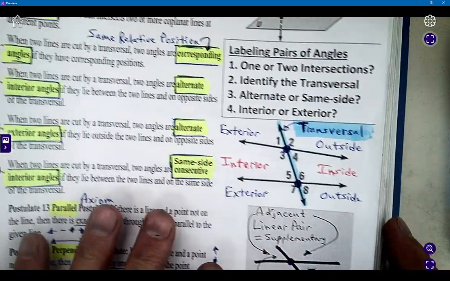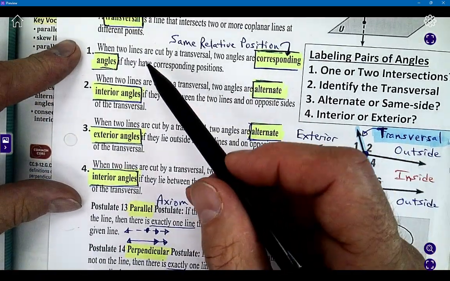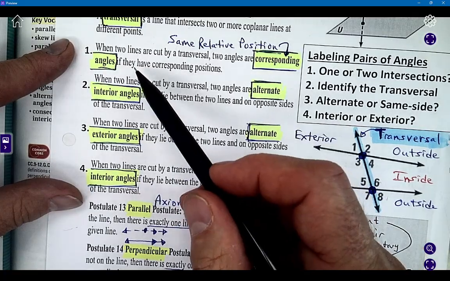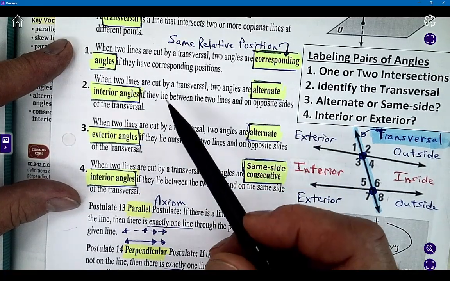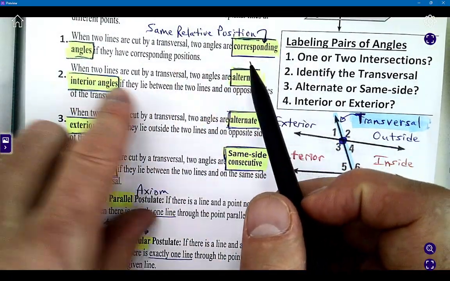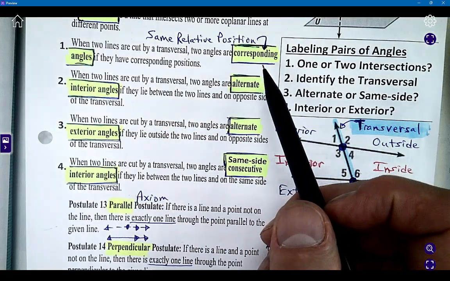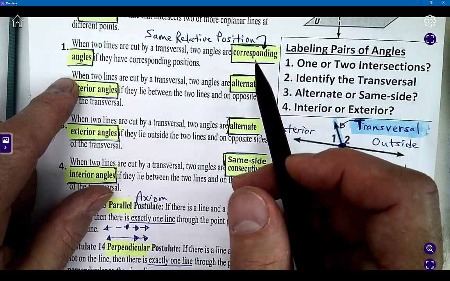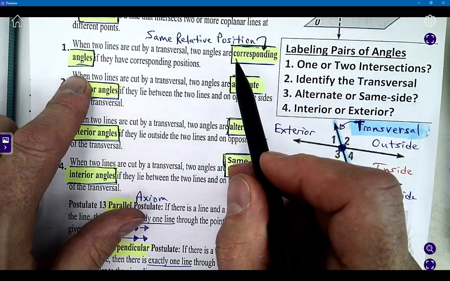Okay, so where we are driving at is that the relationship we use is going to be one of these four relationships. Let me read these through, and please say them aloud along with me.